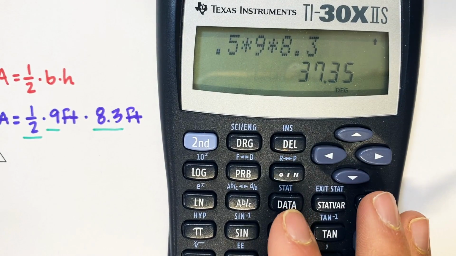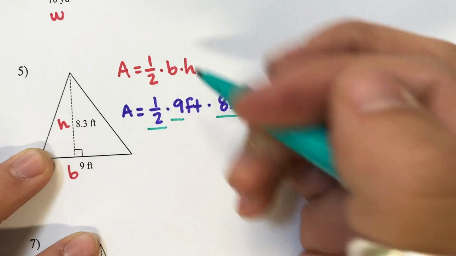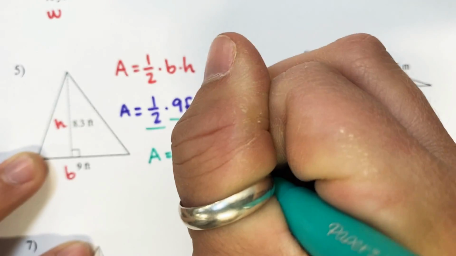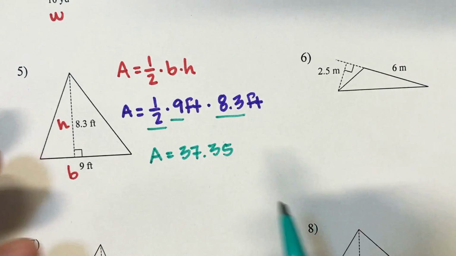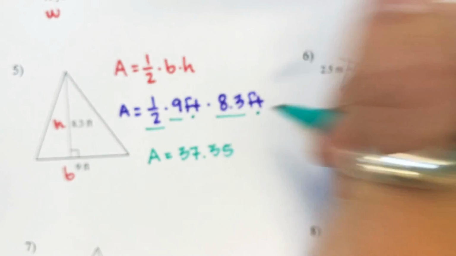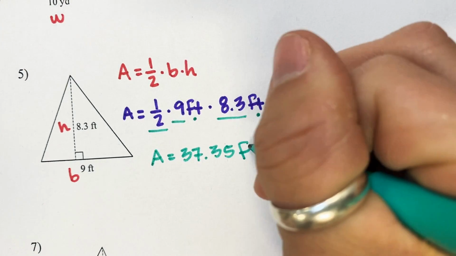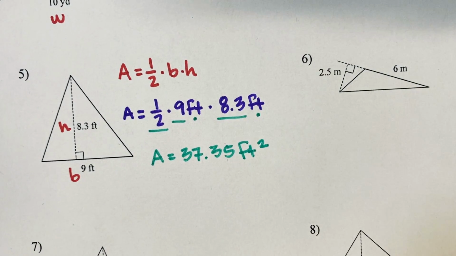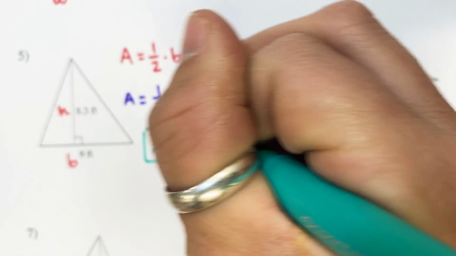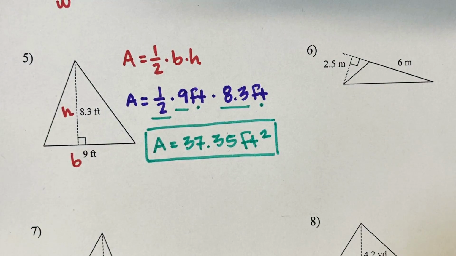And I get 37.35. So area equals 37.35, but what are my units? We multiplied feet times feet, so we get feet squared. And that is our final answer.